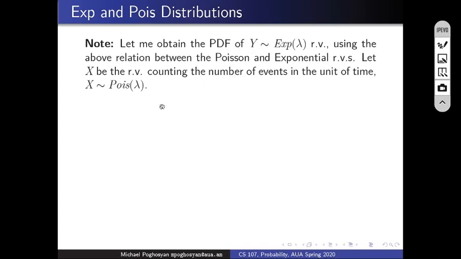Let's see how I can do that. Let x be the random variable counting the number of events in the unit time. So y is exponential lambda and x is Poisson lambda. y is showing the waiting time between events in units of time, and x is the number of events in the unit of time.